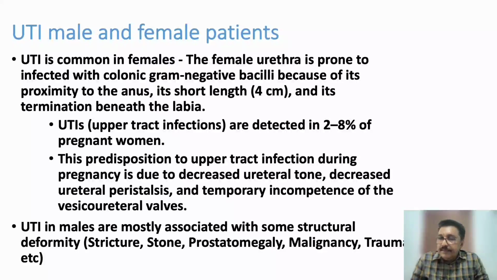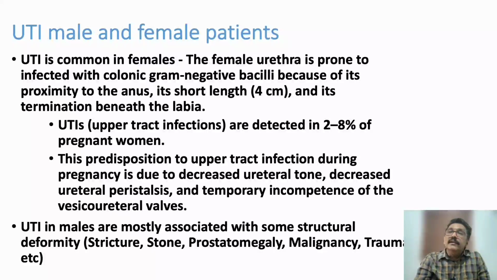So in a female patient, urinary tract infection can be a simple urinary tract infection, but in males, routinely it is not at all common, and if it is associated with a structural deformity, this is sometimes called complicated UTI, complicated urinary tract infection.